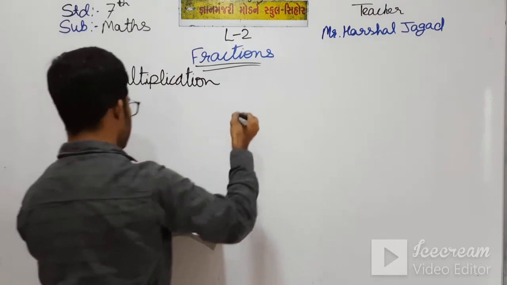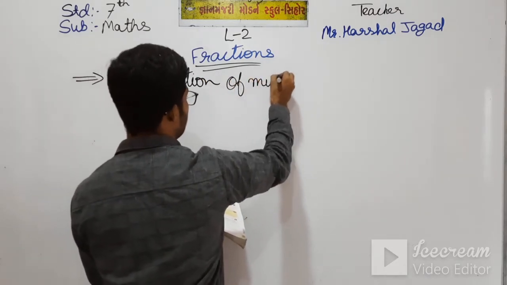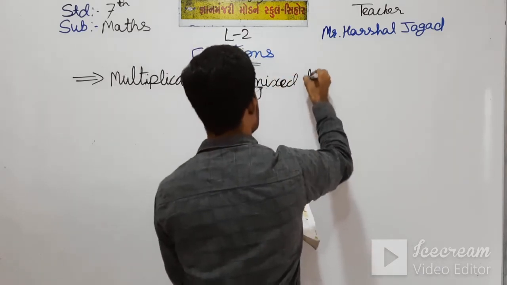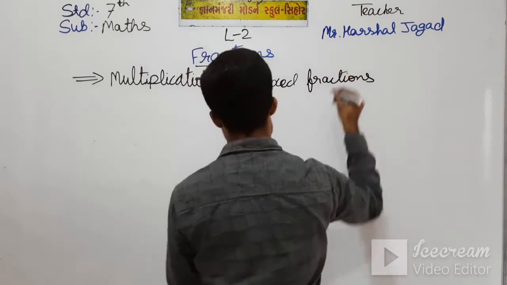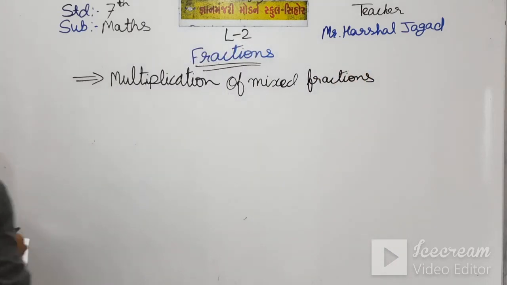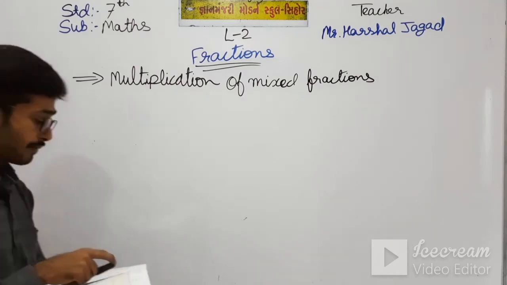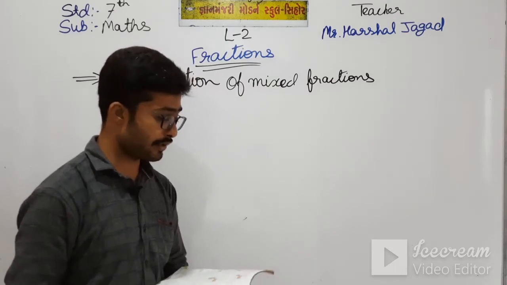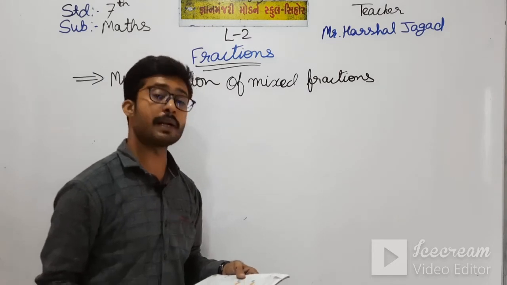We will see them one by one. Okay students, the first method is using box multiplication, and the second method is converting the mixed fraction into an improper fraction and then carrying out the multiplication.